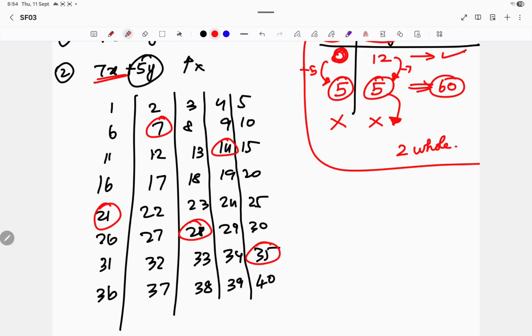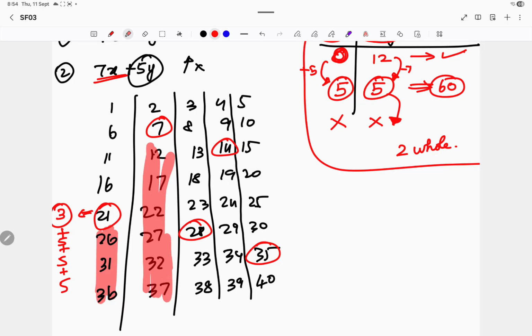Now if I go further, every value here can be expressed. How did I come to this value? I just took 3 7s and keep adding 1 more 5, 1 more 5, and 1 more 5, and you will be able to express every subsequent value in this column. Similarly, here also I can express every subsequent value, here, here, and here.